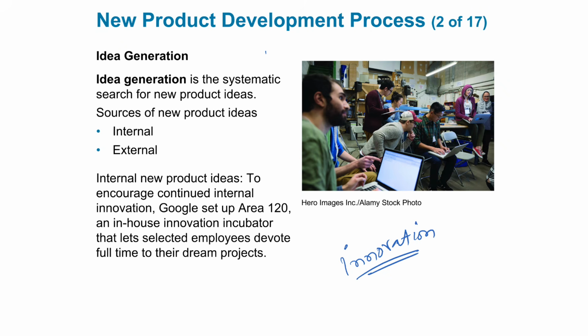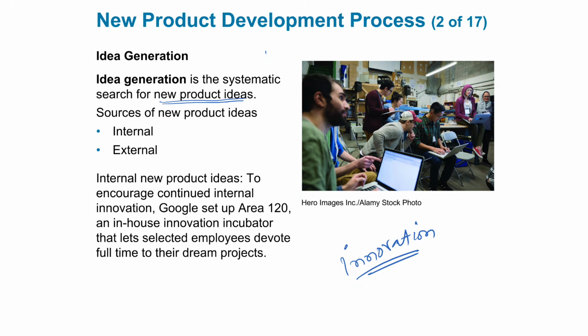Now, what is idea generation? Idea generation is a systematic search for new product ideas. As you see in the diagram, in the photo, there are people sitting, discussing, coming up with the idea of the new product.